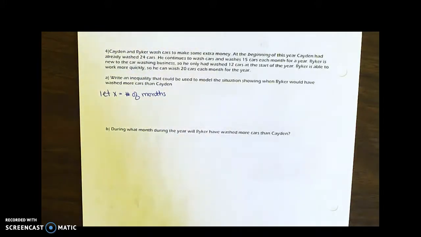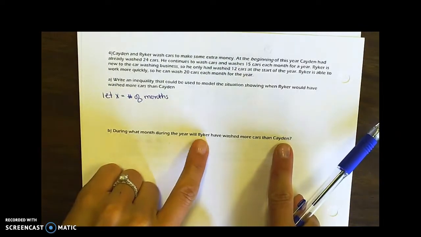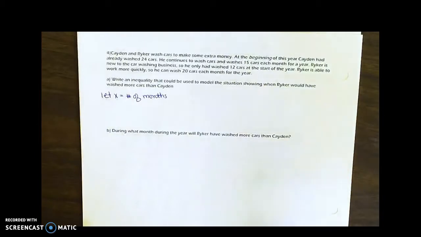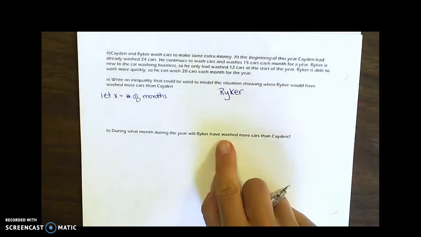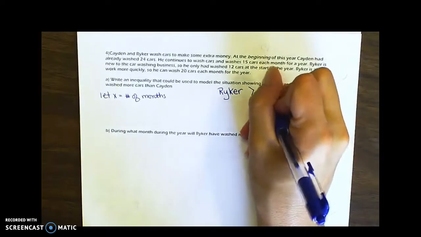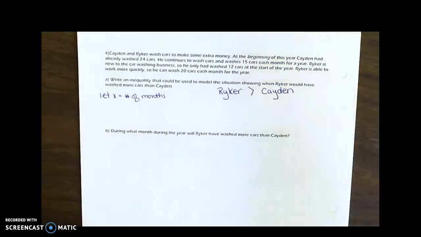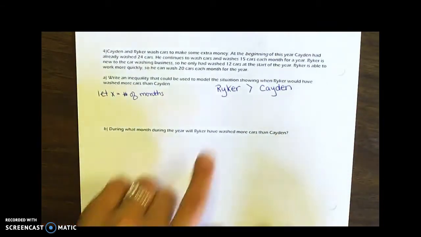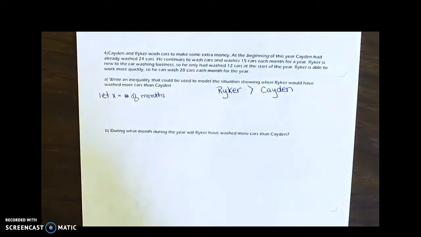Now, there's also another key idea here, and that is we want to know when Riker is going to have more than Caden. So in this question, we're trying to compare two different people. To set up my equation, I want to know when Riker is going to have washed more cars, so more than Caden. We're going to set up two expressions and put them in the inequality to find out how many months.